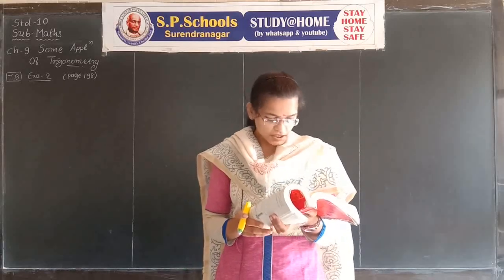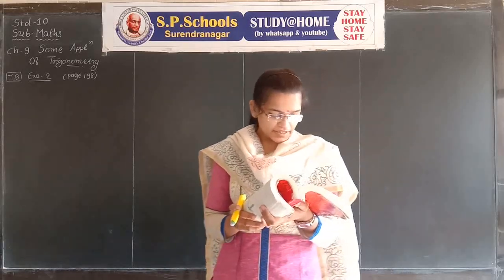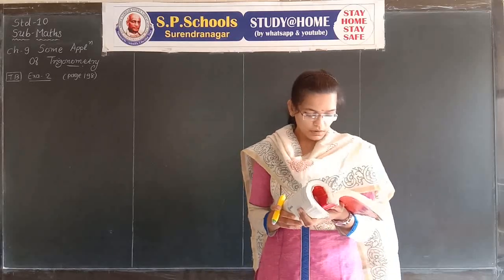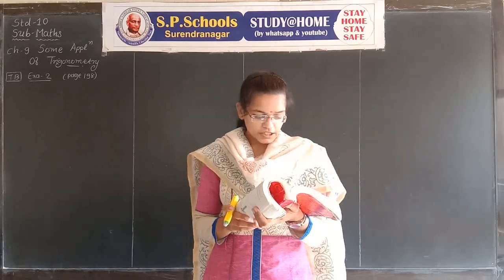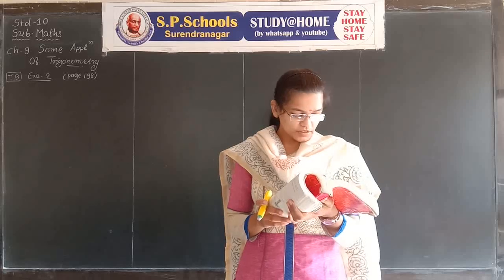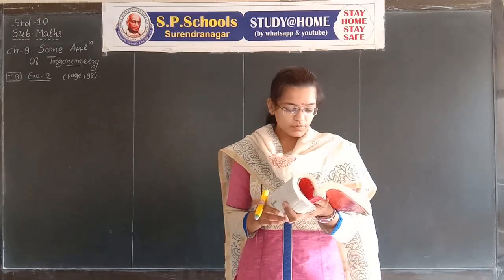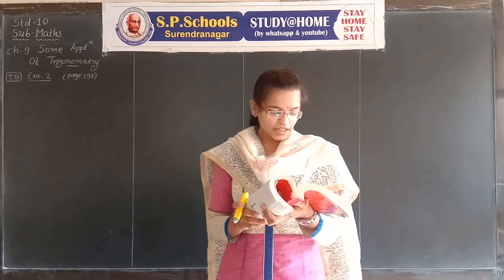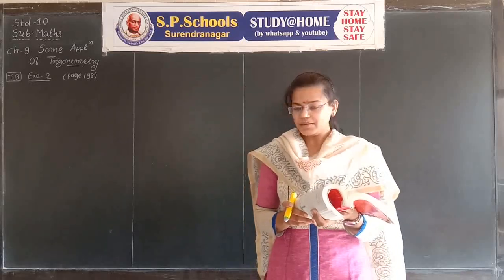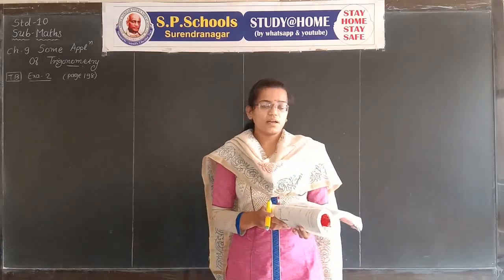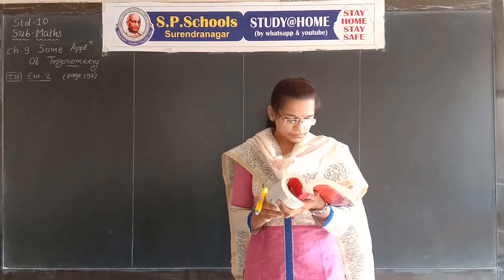An electrician has to repair an electric fault on a pole of height 5 meter. She needs to reach a point 1.3 meter below the top of the pole to undertake the repair work. See figure 9.5, but in the examination the figure is given.